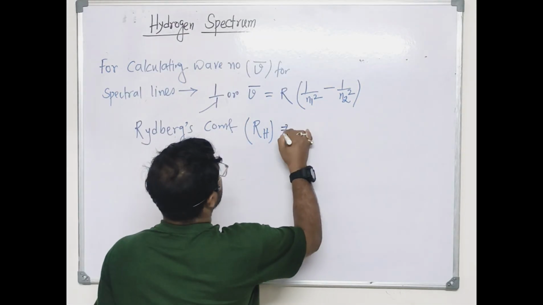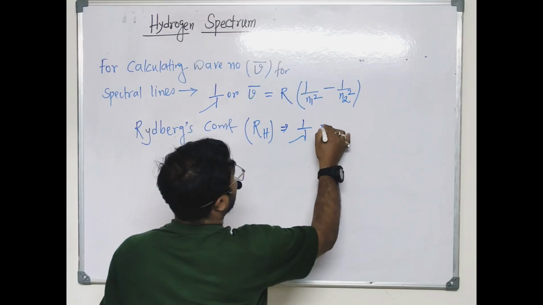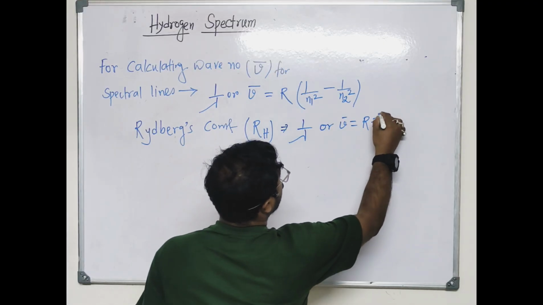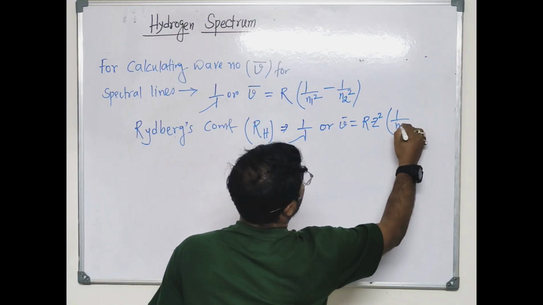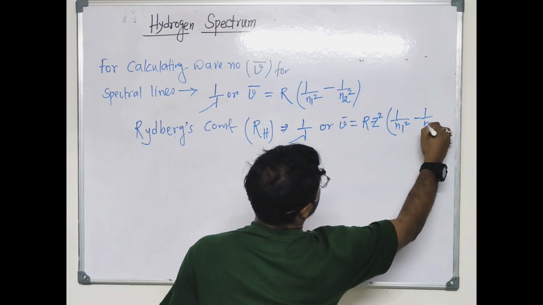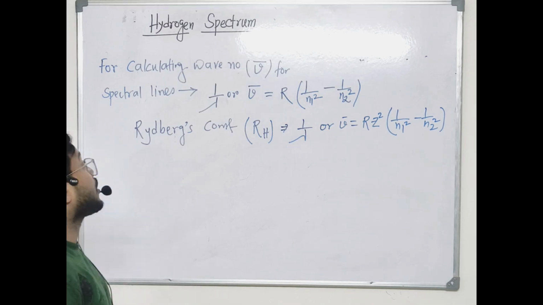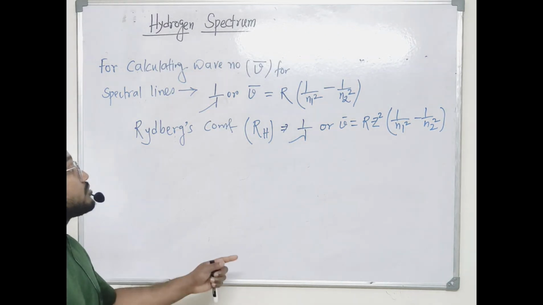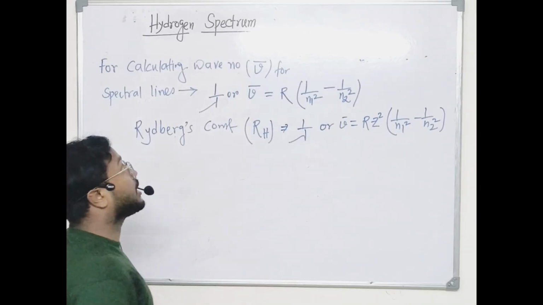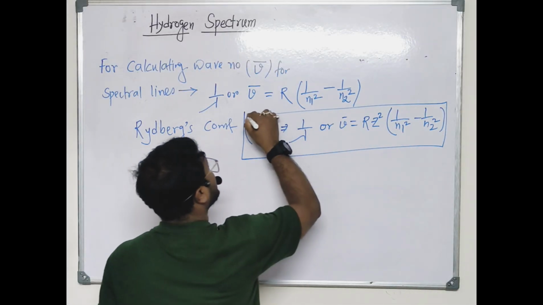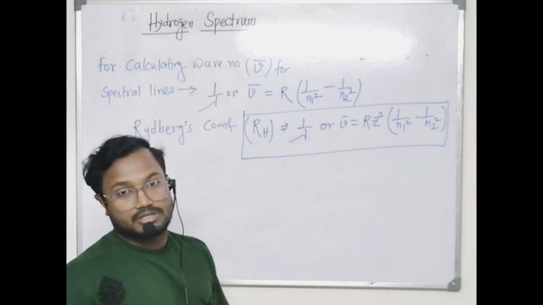So it becomes 1 by lambda or V bar equal to RZ square into 1 by N1 square minus 1 by N2 square. This is the modified form of the formula, also known as Rydberg's formula for spectral lines, and the constant we are using is considered as Rydberg's constant.